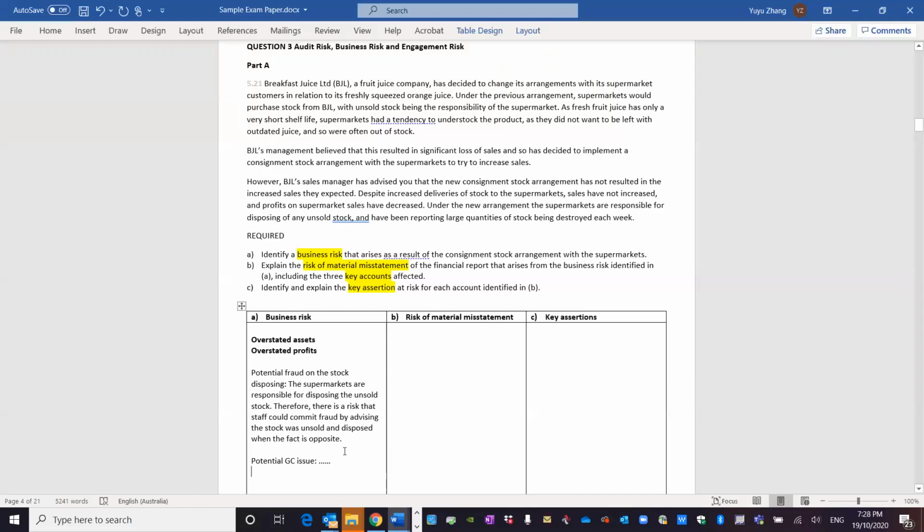Megan also mentioned that staff could steal the unsold stock by saying those goods are unsold and have been disposed, etc., right? So we can see from this case, in terms of business risks, there might be multiple ones that could be identified. So anyone could count, right? Because you are only asked to identify one business risk.